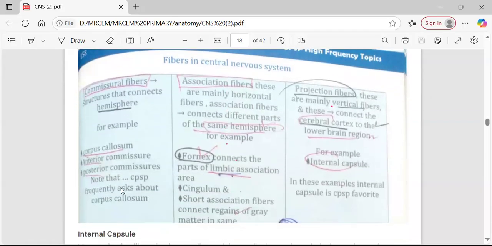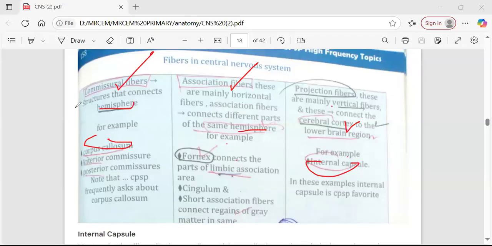So that's how you can remember the projection fibers: always remember the internal capsule, cerebral cortex to the lower brain regions. And association fibers, always remember about the fornix. Commissural fibers connect the different hemispheres; always remember the corpus callosum that connects the hemispheres.